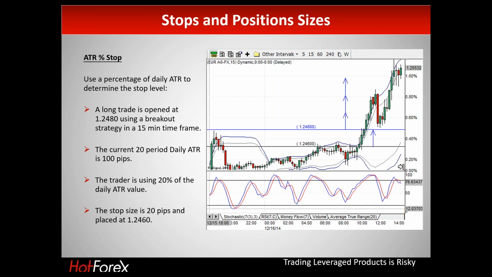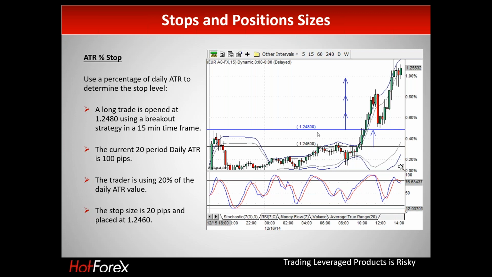So 20% of 100 is... sorry, what I mean, 20% of 100 is 20. So that's why the stop loss was shifted.